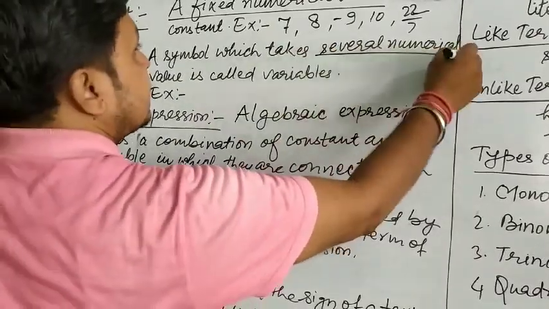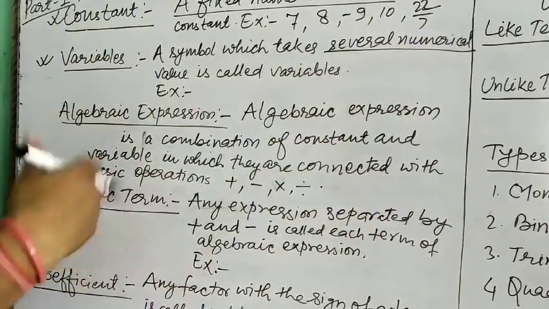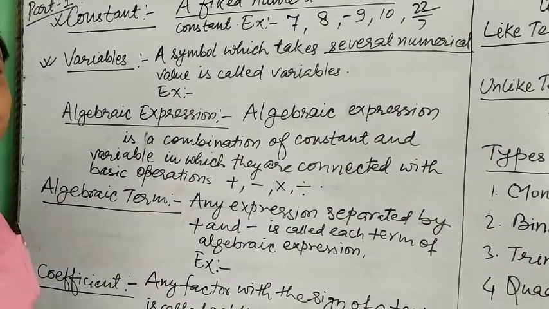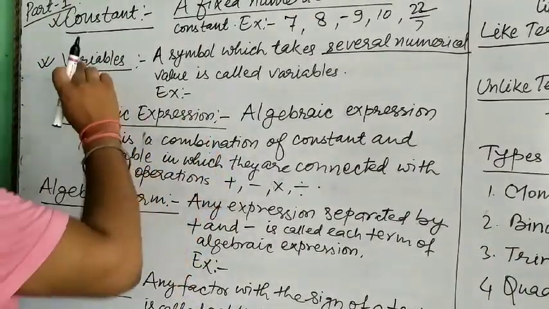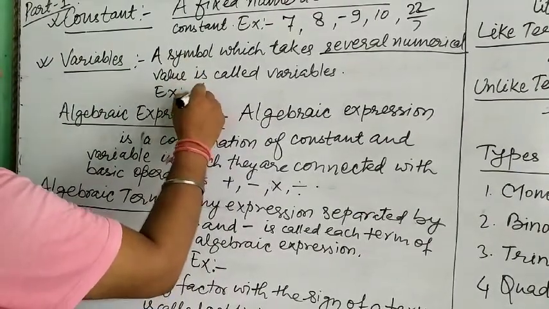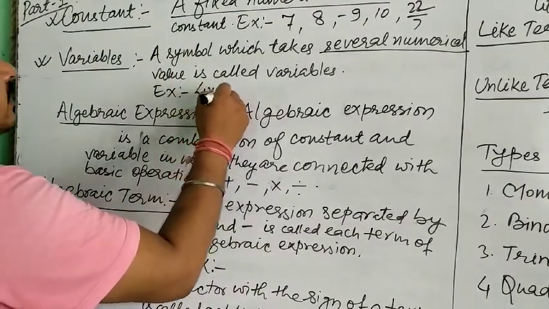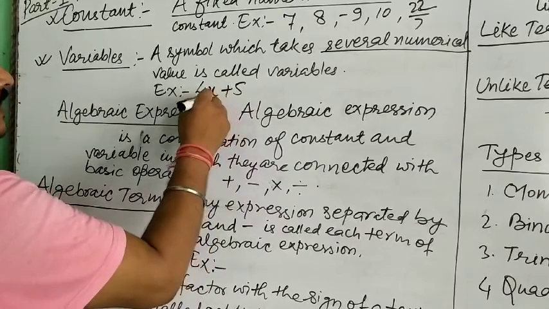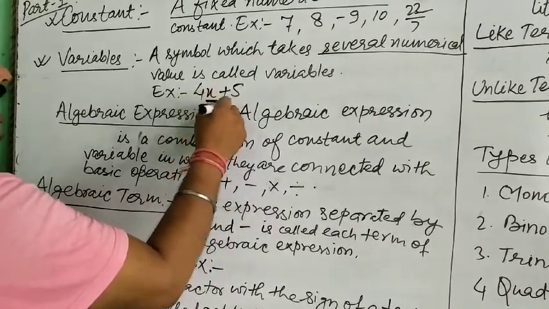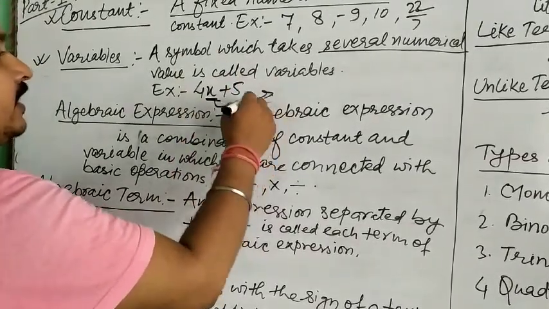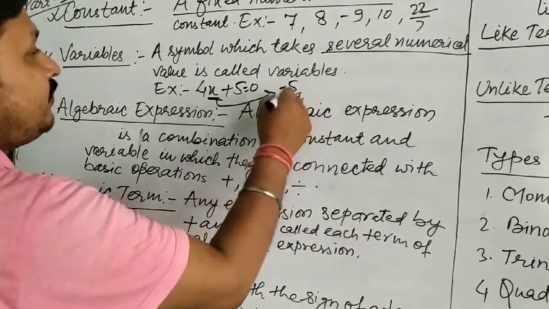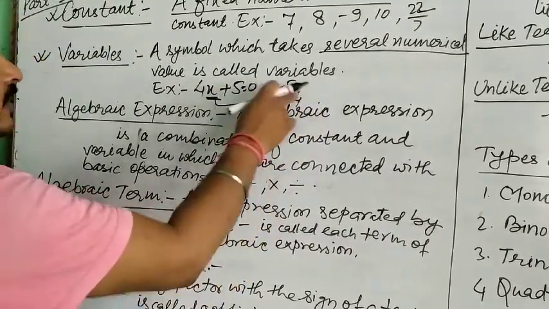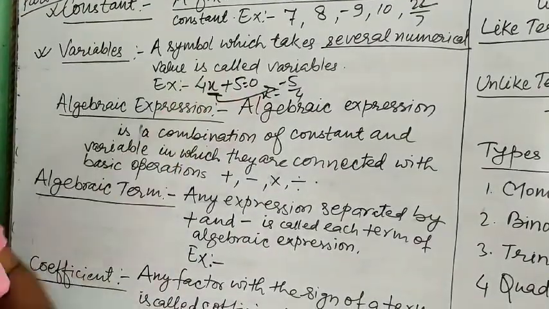Several numerical values. That means many numerical values of any algebraic expression, with variables like 4x plus 5. In this equation the value of x may be minus 5 by 4.